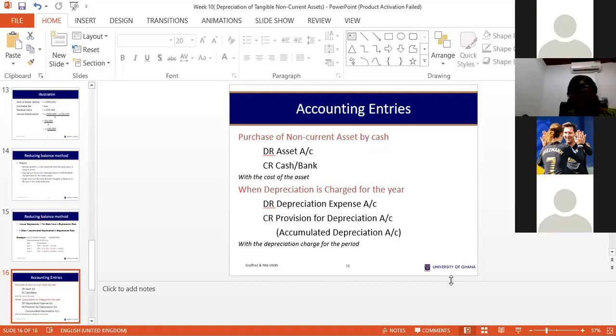So depreciation is also allocating the expense, but also accumulating money to be able to cover the previous cost and buy a new one.